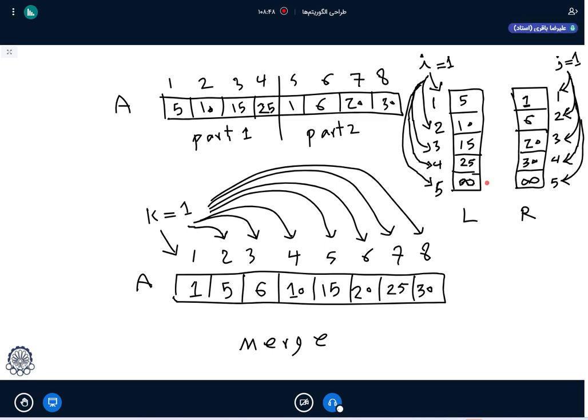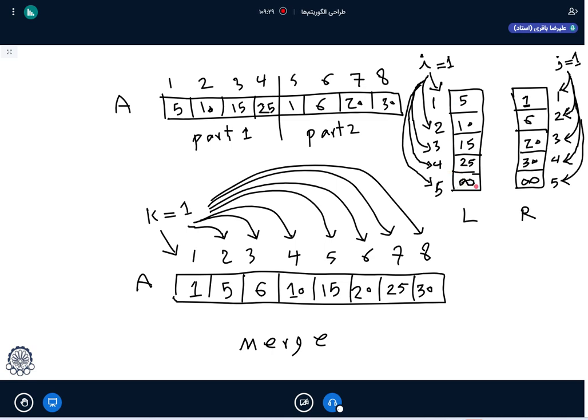The infinity values here help us when one of the parts reaches its end. The numbers from the other part are copied to the destination, because when we reach infinity, then the numbers in the other part will be the minimum, and will be selected for copying to the destination.